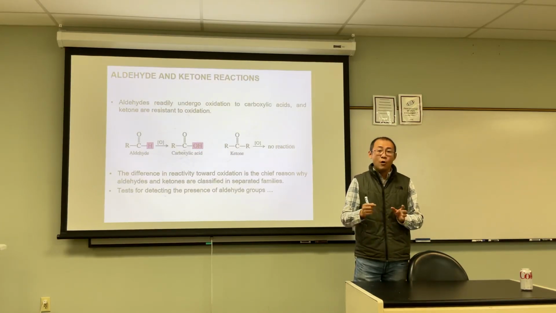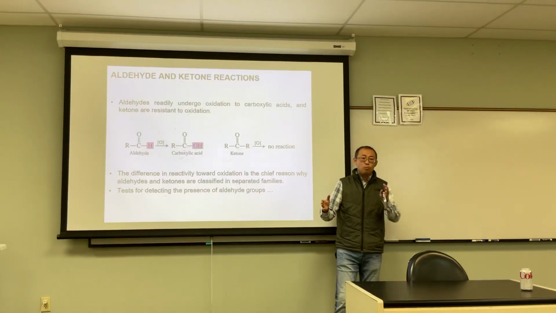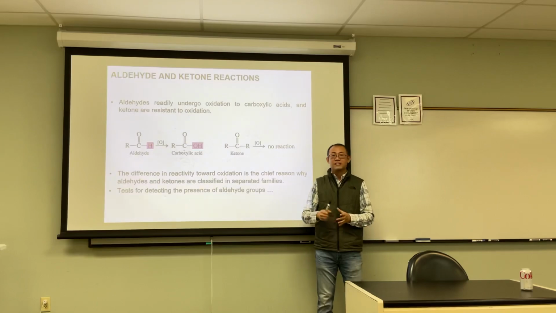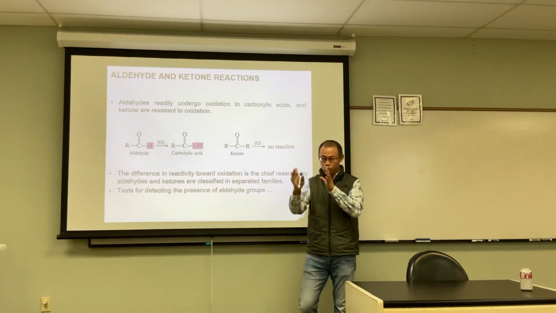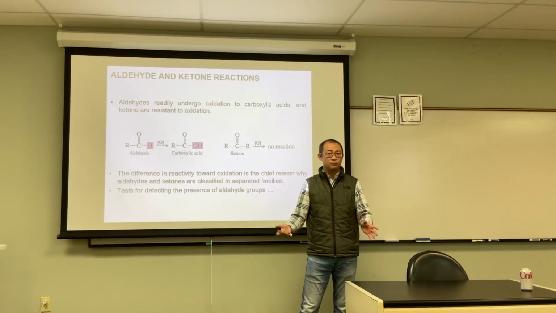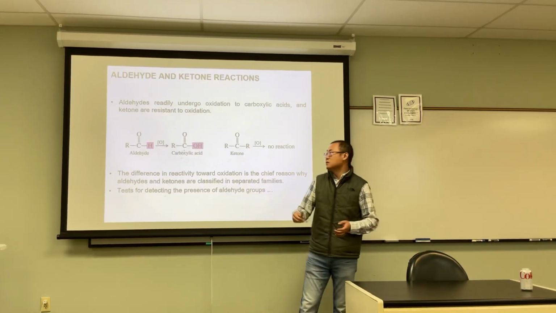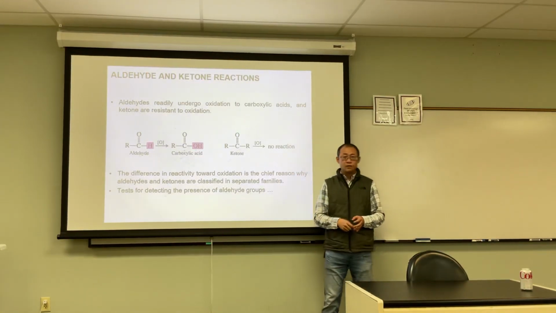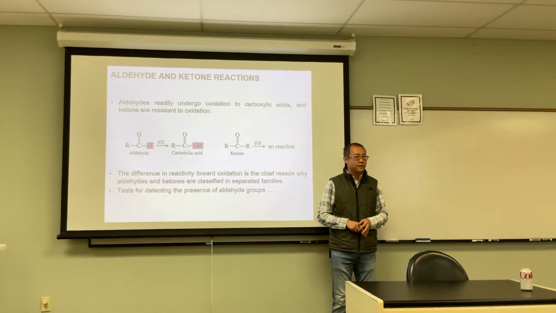That means only in the first reaction do you see different results with aldehyde or ketone. The second and third types of reactions are no different between aldehydes and ketones. You will notice that as well, but I want to point out the first reaction. So the first reaction is oxidation.